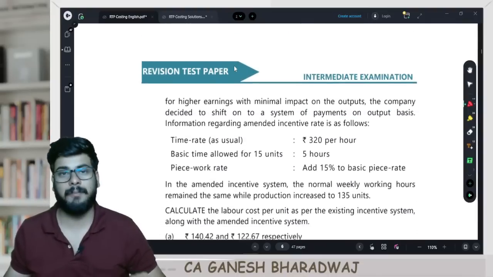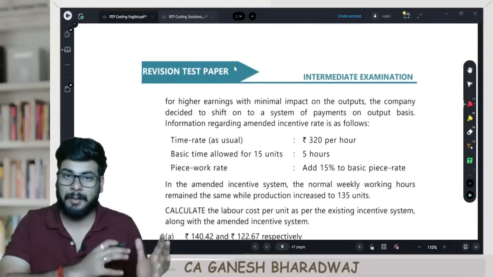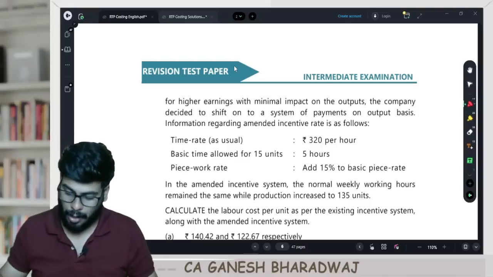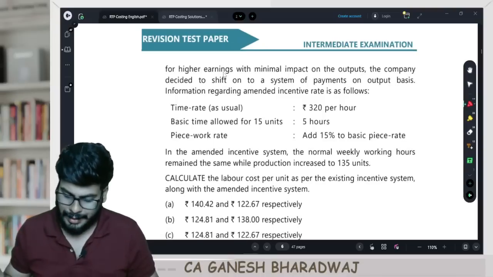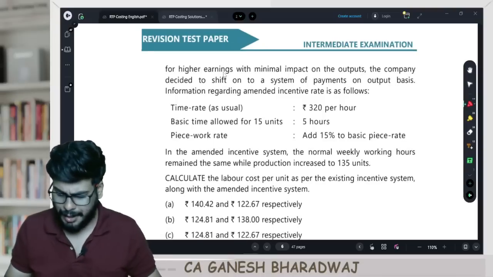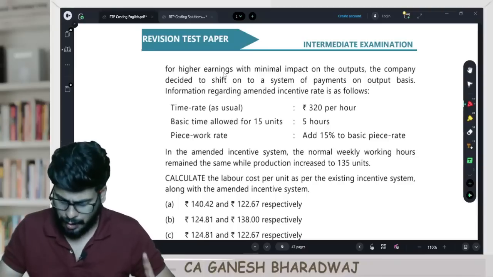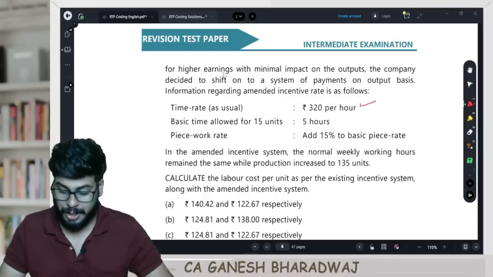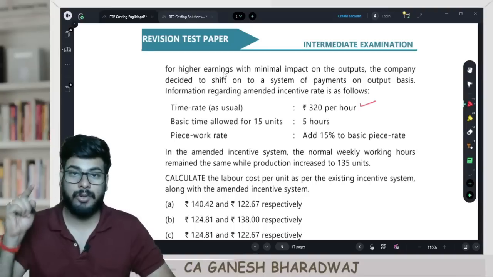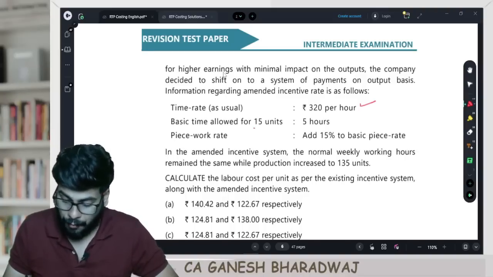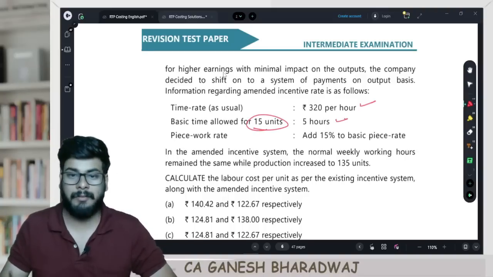So now what the company did, they are planning to come up with a particular incentive system that is linked to the output, right? Information regarding the amended incentive system rate is given as follows. Time rate, as usual, per hour, the company is willing to pay how much? 320, but now they have included one more rider here. Basic time allowed for 15 units is 5 hours, which means what?